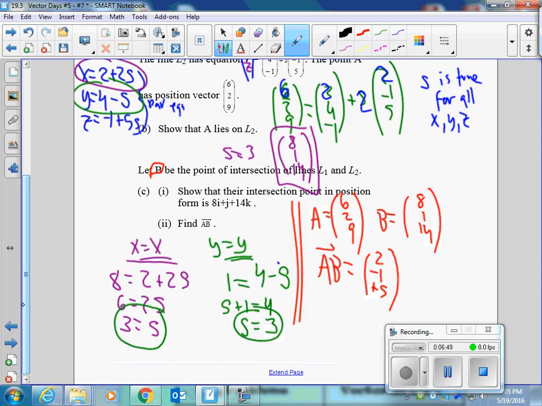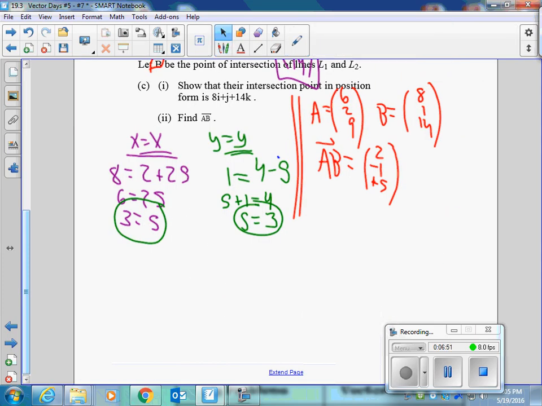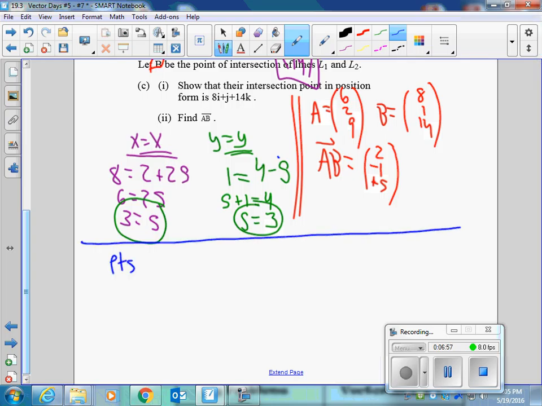Now we're ready for the part that isn't on my slide, but you said find point C, right? That makes a parallelogram. Is that A, B, C, D? Is that right? Okay. So let's make a parallelogram, A, B, C, and D. A has a point of 6, 2, 9.